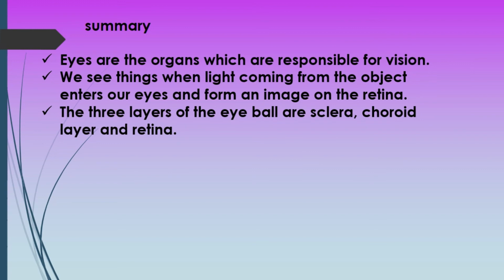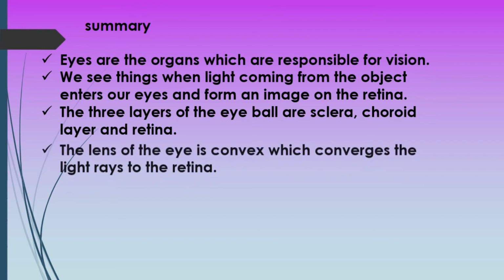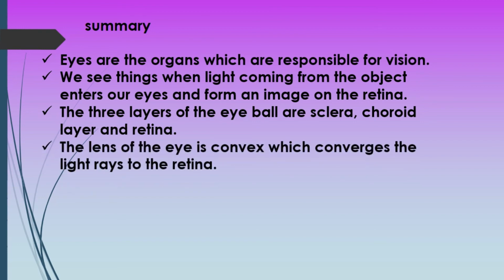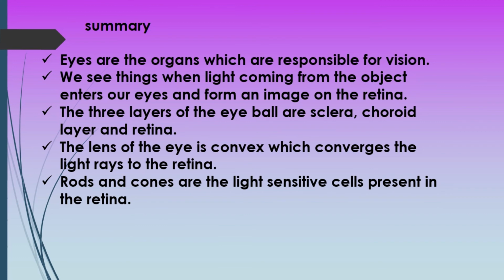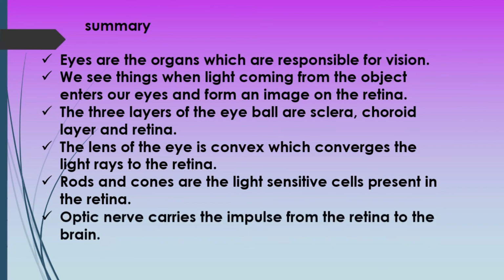The three layers of the eyeball are sclera, choroid layer and retina. The lens of the eye is convex, which converges the light rays to the retina. Rods and cones are light sensitive cells present in the retina. Optic nerve carries the impulse from the retina to the brain.